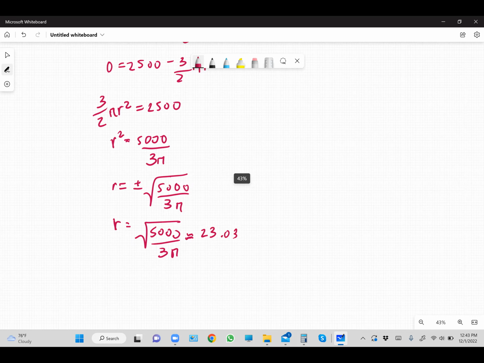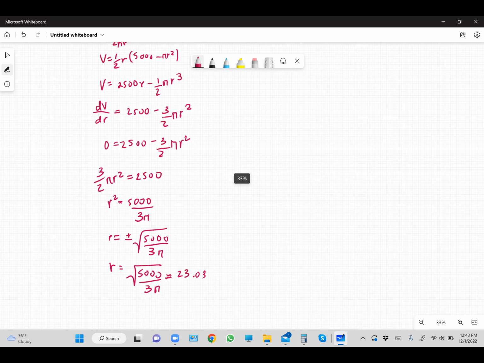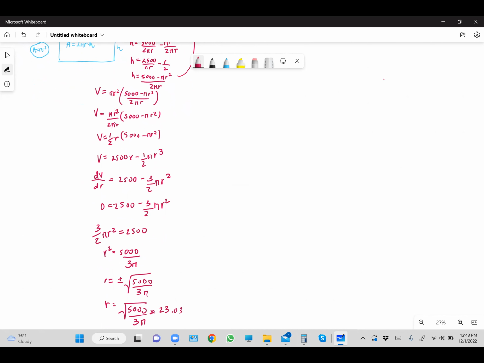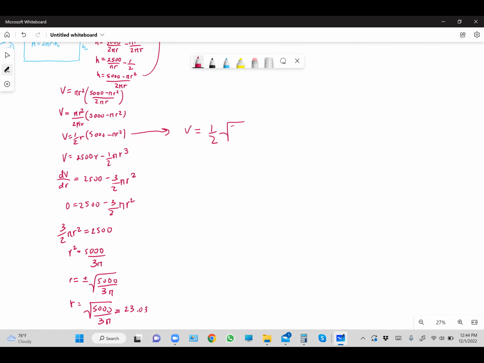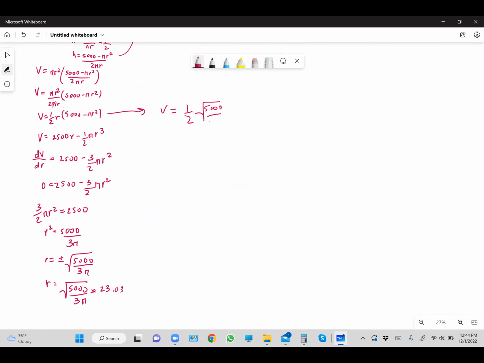And so that is the radius, but we've got to find the volume. So we can go back up and substitute into this formula. Volume equals half times the square root of 5,000 divided by 3 pi times 5,000 minus pi times the square root of 5,000 divided by 3 pi, squared.